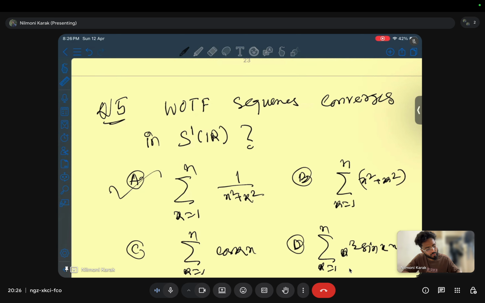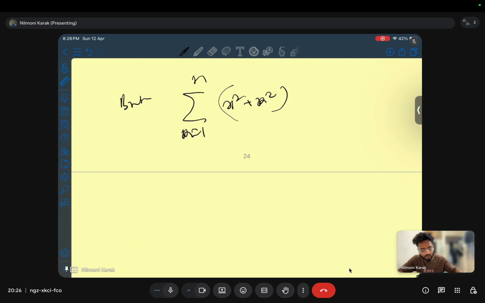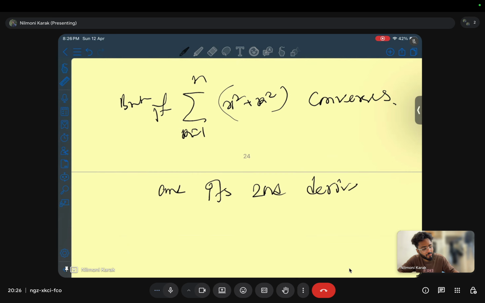So this is true actually, but if it converges, then its second derivative converges in the distributional sense.